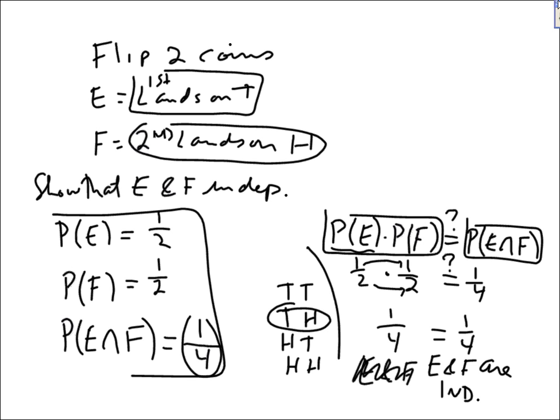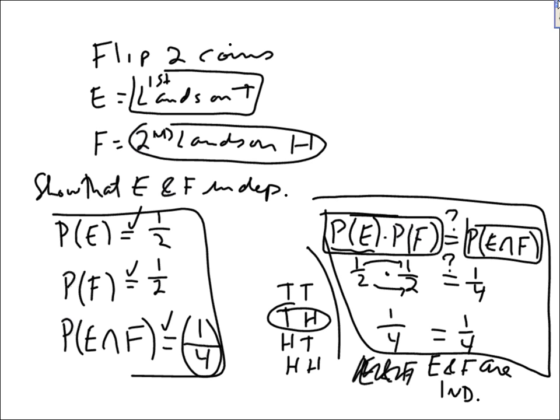Okay, lots and lots of students just don't get that concept. You need to show those. I know lots and lots of probability students who can find P of E, can find P of F easily, can find P of E intersect F. But for some reason, they can't do this part, and since they're equal, conclude that they are independent.